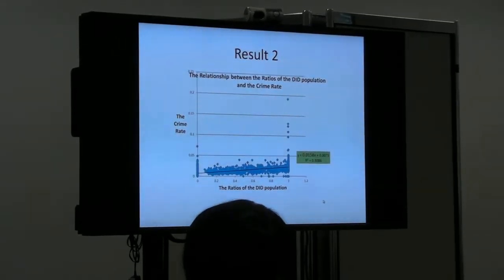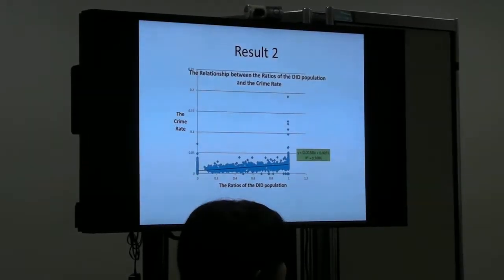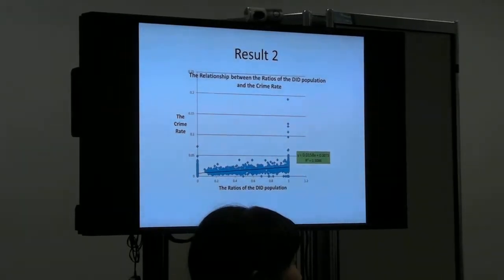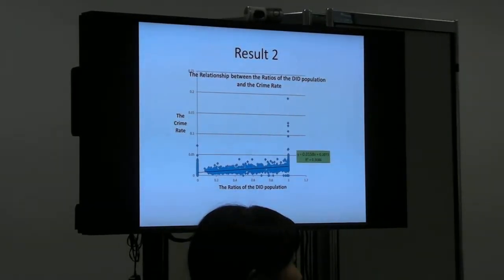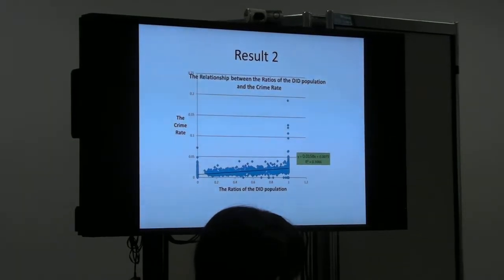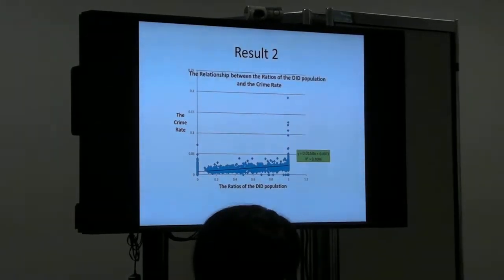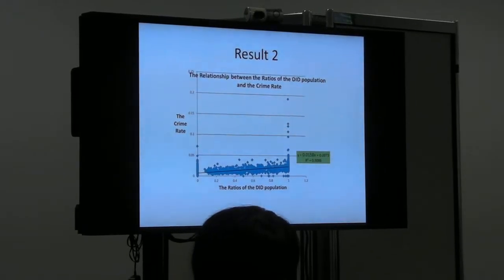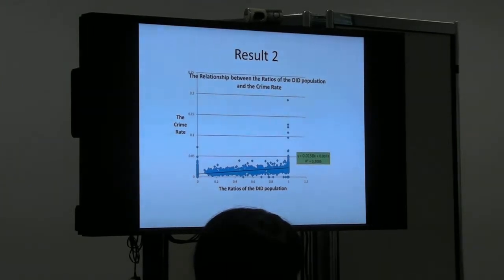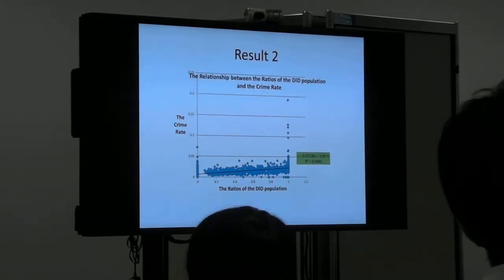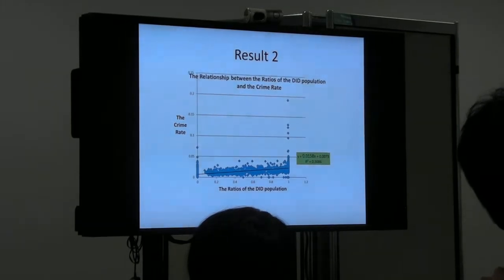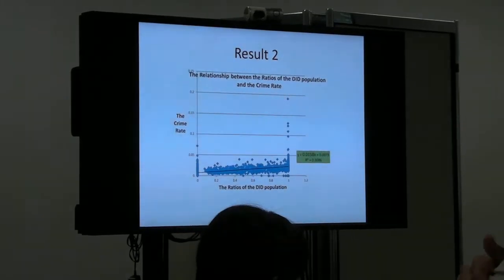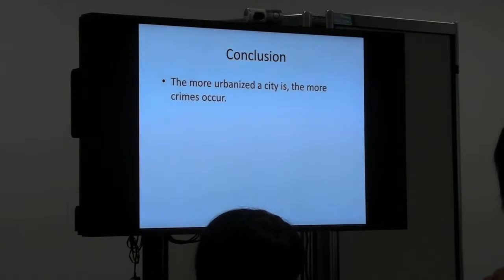And this is result 2. The horizontal axis means the ratio of DID population, and the vertical axis means crime rate. You can see from the graph that the square of R is 0.31, and this is better for defining urbanization.